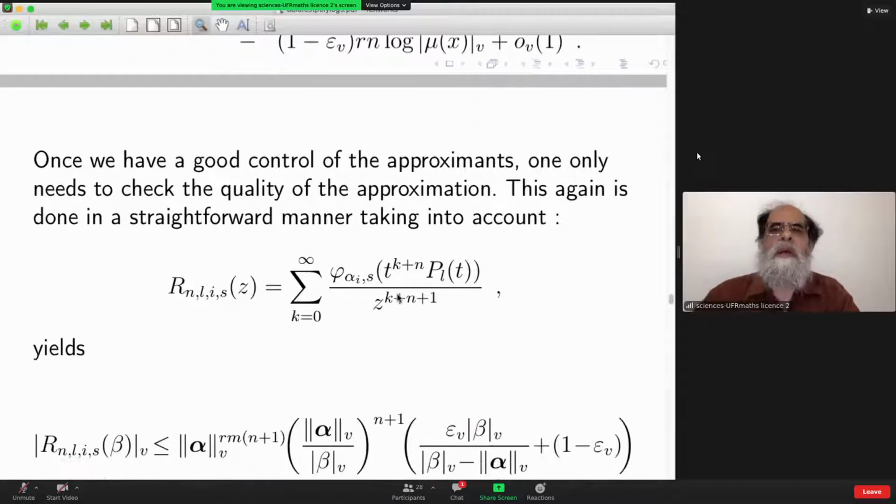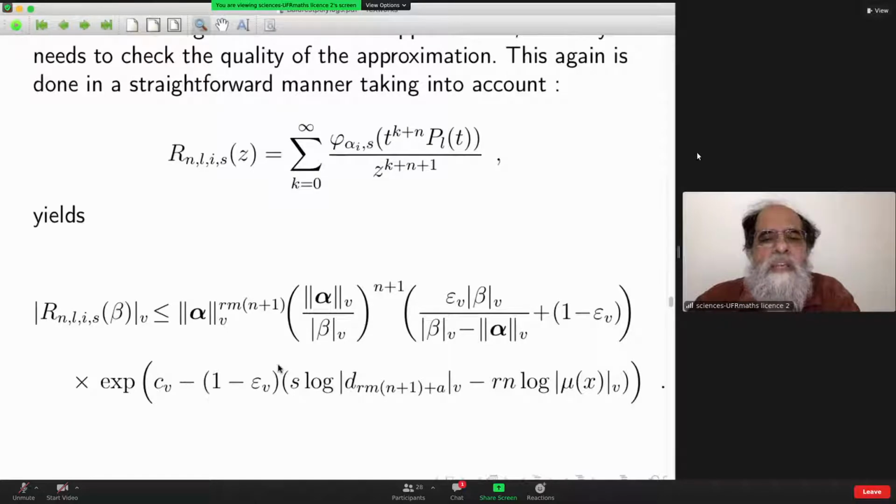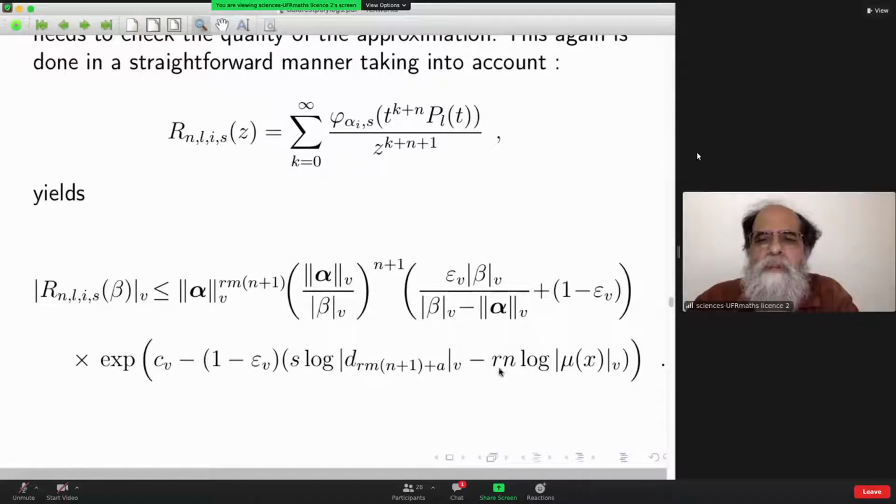Now the remainder. And similarly, the remainder is treated with linear algebra. The remainder is in fact a sum, a series of these phi's, which are linear operators, shifted by some power. So again, you can compute the norm, and then you just use a geometric series estimate to evaluate the norm. And you have precisely exactly the same constant that comes in, coming from the binomial expansion and the denominators for when you integrate. And here you recognize norm of alpha divided by beta to the power n.